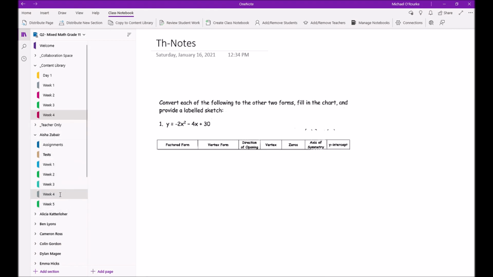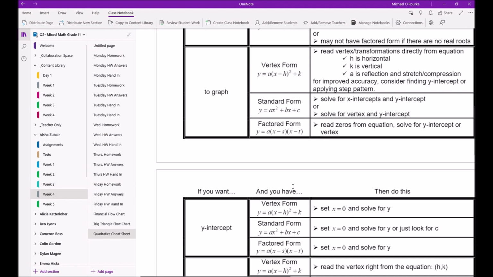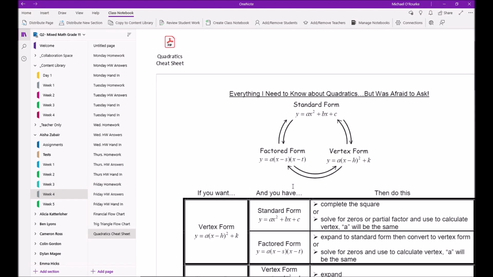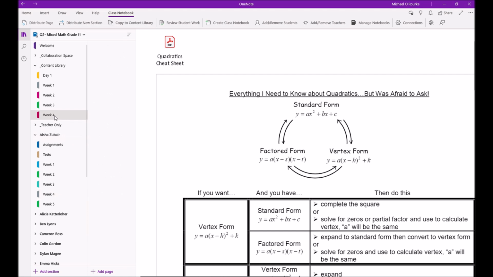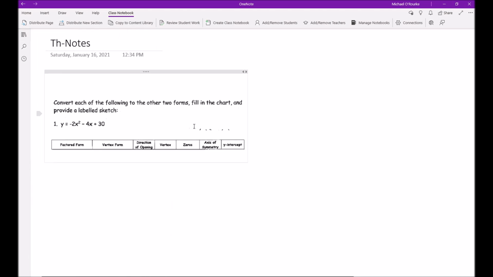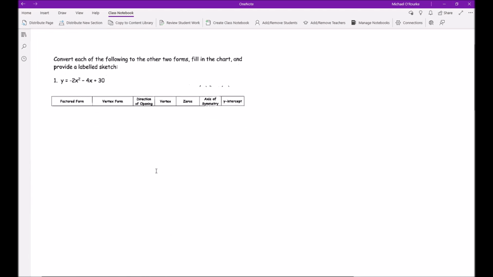Okay. Where are we? So we're in week 4, it's there for you. That's what we're going to use today to go through what we're doing. Shoot, I want to get my other note out here.